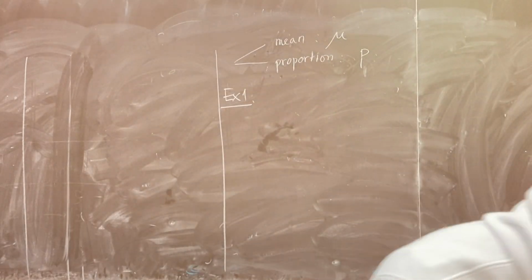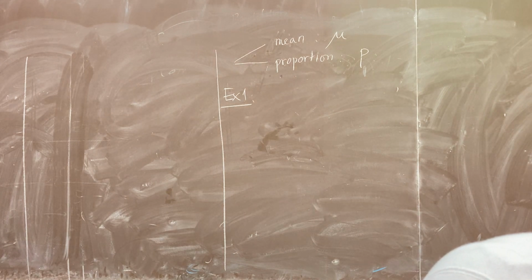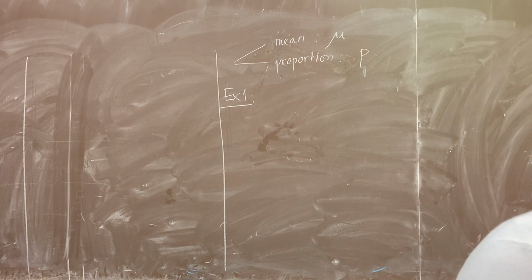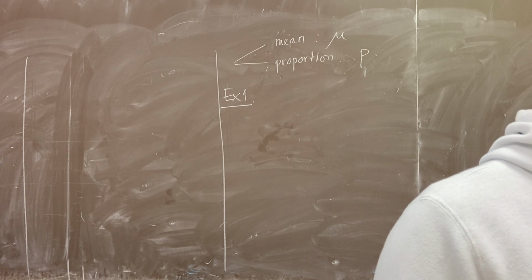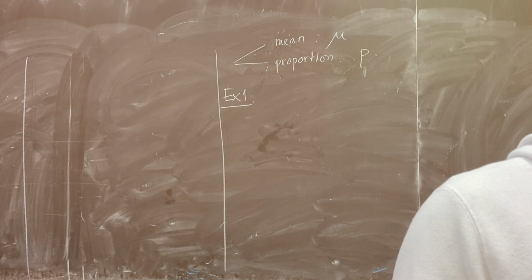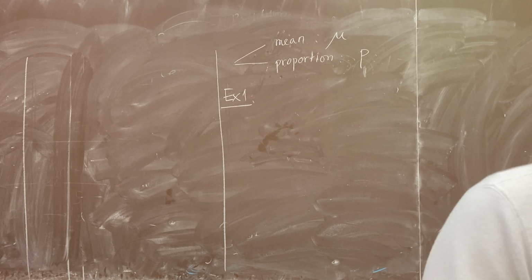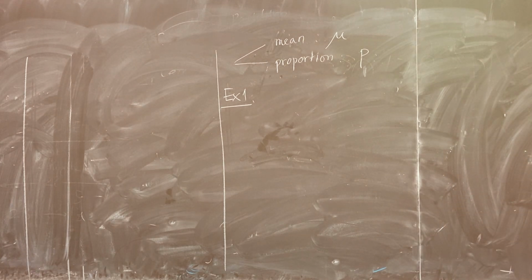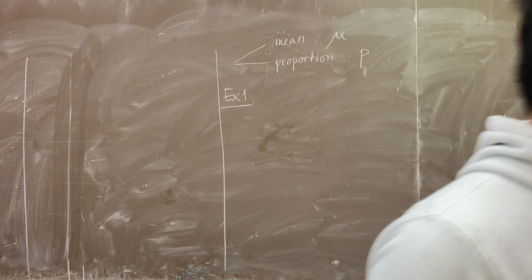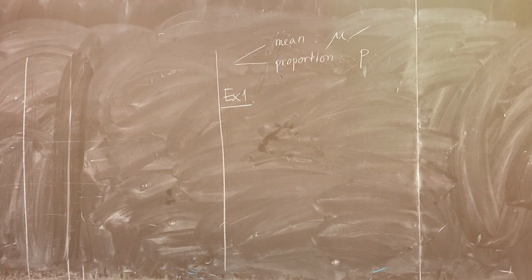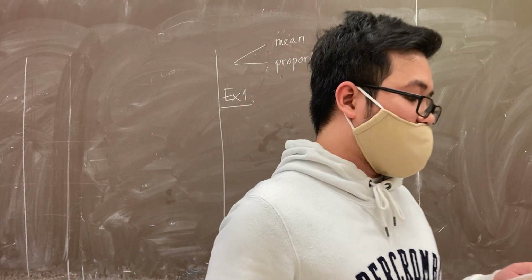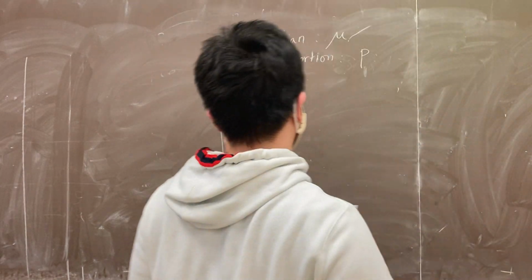So in this example, they focus on the mean because they spend 10 hours per week doing coursework for each credit hour class. So they focus on the mean. Okay, Tyler. They want to talk about the mean.